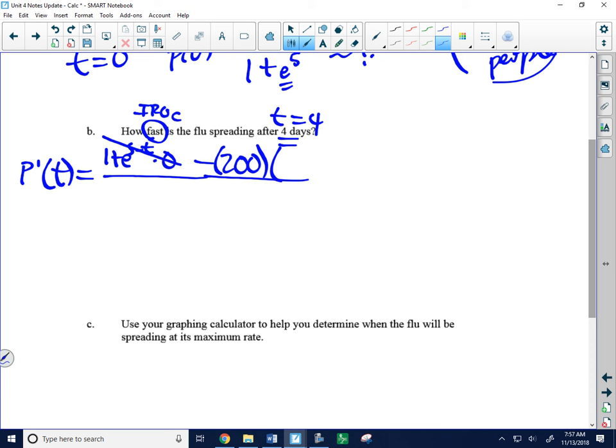So the derivative of the low, the derivative of 1 is 0, and then I need the derivative of e to the 5 minus t. So here's just a review of derivative of exponential. The derivative is itself, e to the 5 minus t, times the chain rule, the derivative of the exponent. Derivative of 5 is 0, derivative of negative t is negative 1. So I'll put times negative 1. All over low squared.